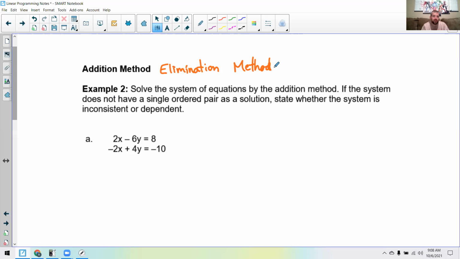Matching opposite coefficients. So notice here, I already have that. I have a positive 2x in my first equation, and I have a negative 2x in my second equation. So that's what I want: matching opposite coefficients.